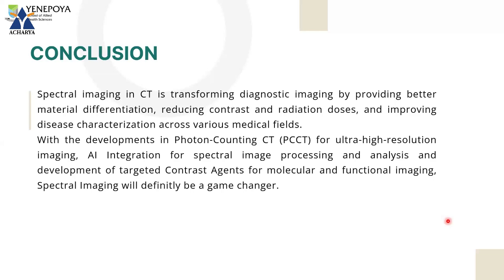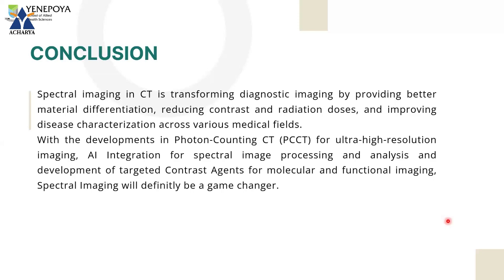It will also improve disease characterization across various fields, where you do not have to use multiple diagnostic techniques to identify what kind of lesion it is, what it is made up of, and what its characterization is, because everything can be taken forward with the help of spectral CT.